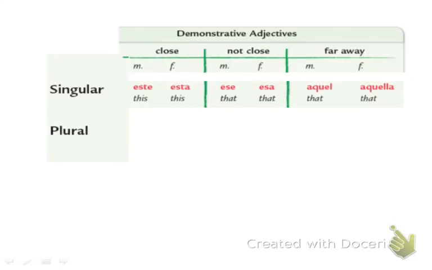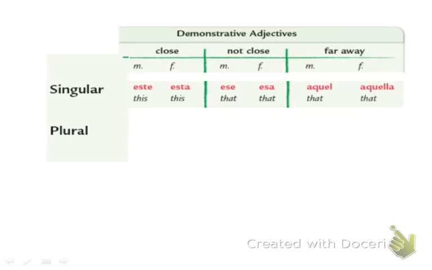The first chart that we're going to look at are the singular ones. These are the ones that you would use if you're just talking about one book. Este libro. This book. If what you're trying to talk about happens to be a calculator, the word calculator in Spanish is feminine.